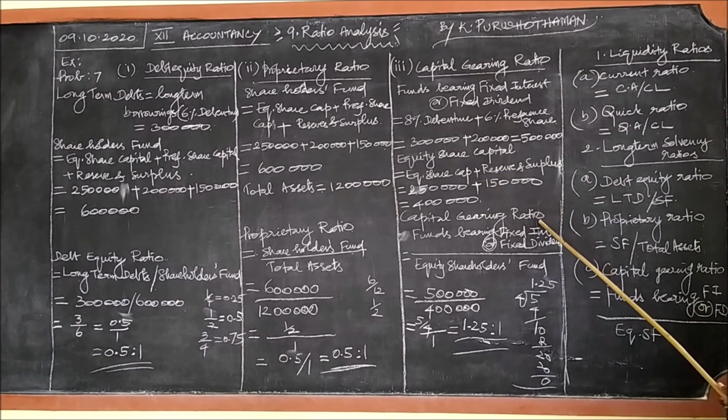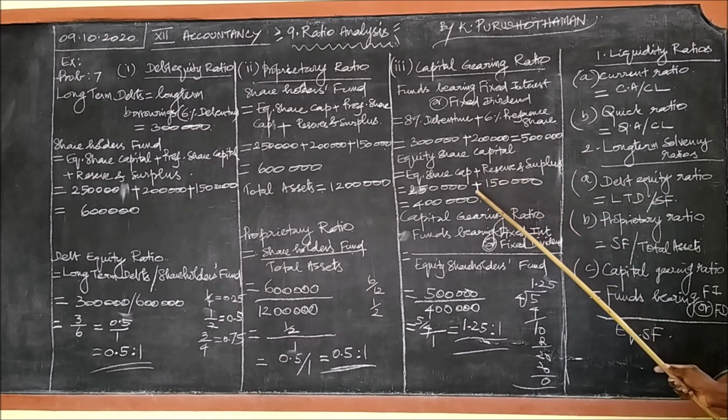Then the next one is equity share capital. If it is share capital, it is preference share, equity share plus reserves and surplus. But if it is equity shareholders fund, in that case you should take only equity share plus general reserve, reserve and surplus.